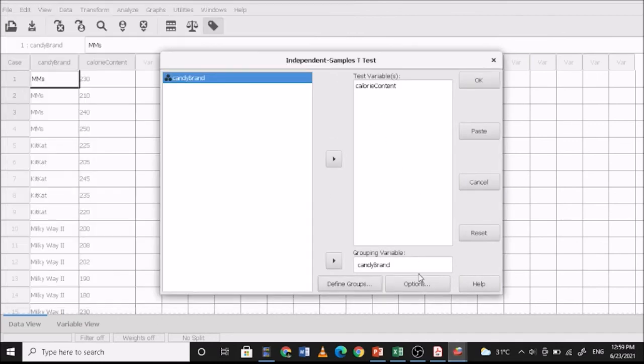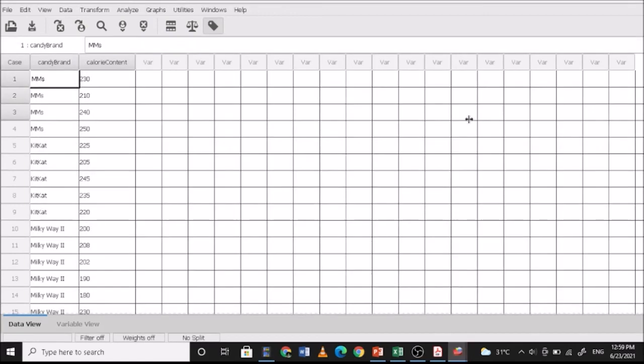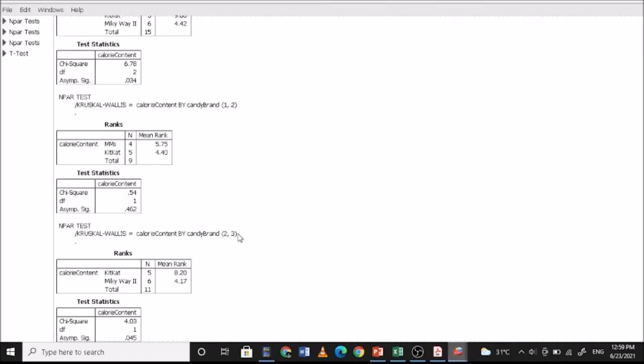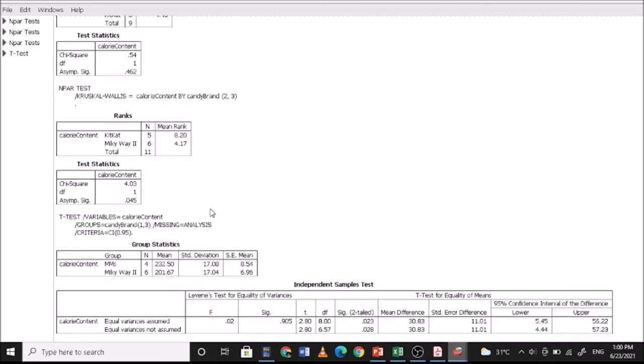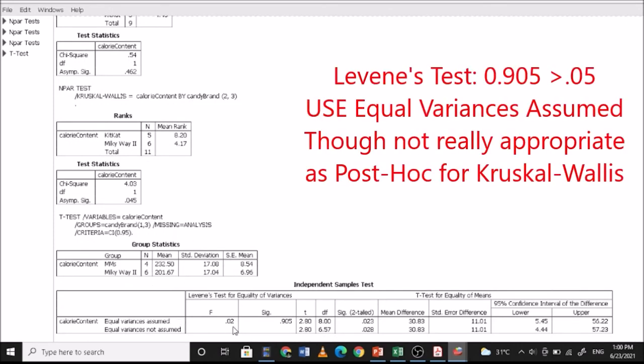Let's try if this will run. So this is 0.05. Calorie content, M&M's and Milky Way. Levene's test for equality is 0.905, so equal variance is not assumed. The significance (2-tailed) is 0.028. So there is a significant difference between your M&M's and Milky Way.